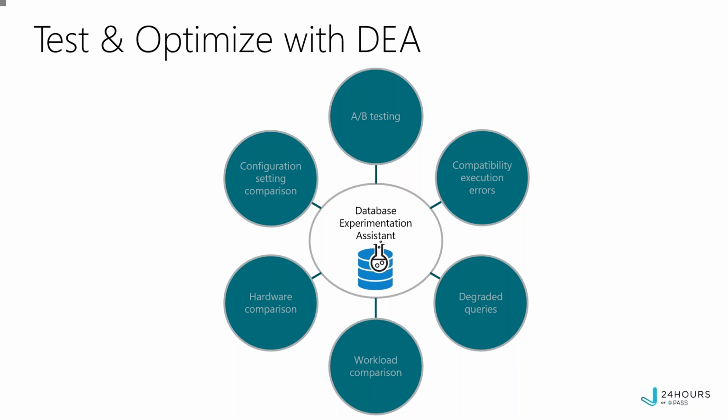It can also identify queries that are performing better. And it can help you see how this application might behave when you get to the new version of SQL Server. So along with the assessment that identifies breaking and behavior changes, the Experimentation Assistant can help you identify things like query shape changes or other performance changes that might occur in the new version, both positive and negative.